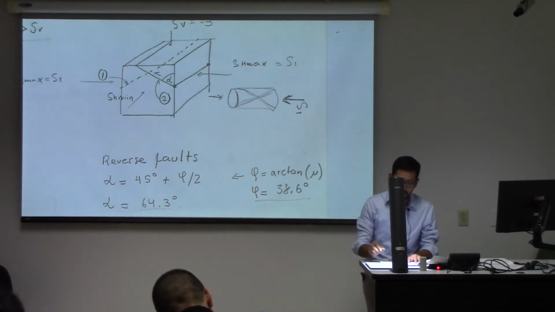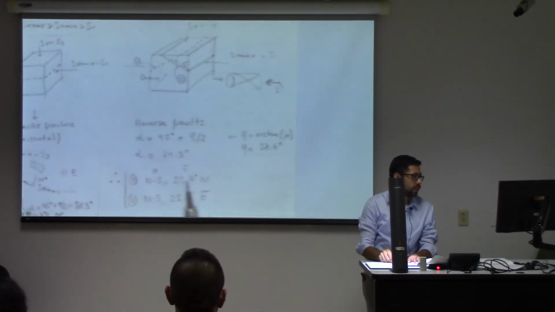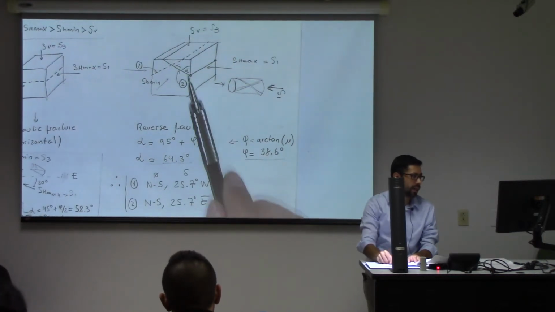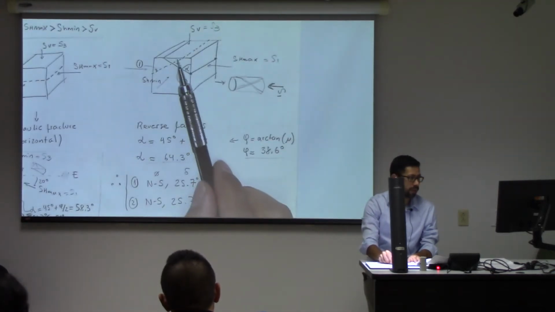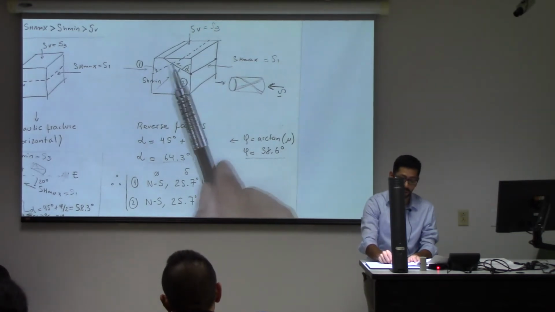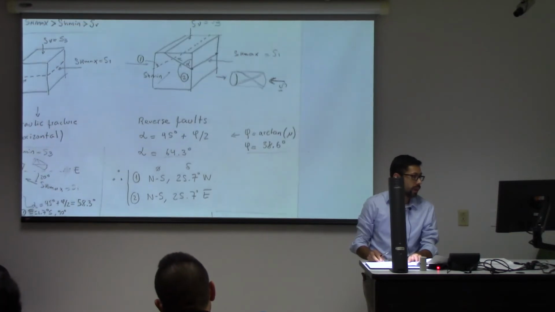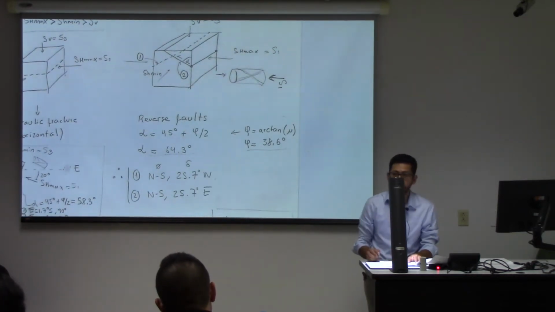So the dip of these faults is going to be 90 degrees minus that, which is this angle. And in this case, the strike is going to be north-south. Both of them strike north-south. One of them dips towards the east. The other one dips towards the west. And this is the solution for the shear fractures.